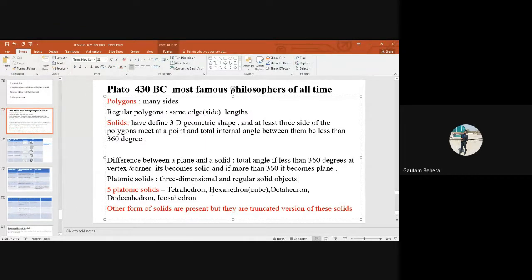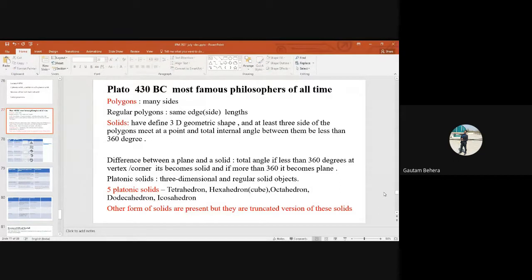Those are tetrahedron, hexahedron, octahedron, dodecahedron, icosahedron. Right? We'll see what exactly those are. And you have to remember that hexahedron is sometimes, in a simple way, called a cube. But we can have other forms of solids also, but they are truncated versions of these 5 solids. Fine.